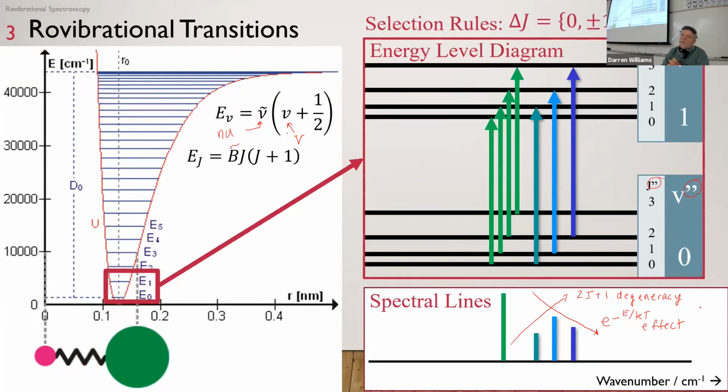Did that answer it? It's more than you asked, Philip, but yeah. Degeneracy and the temperature effect: the Boltzmann distribution contains both of them. In this case, it's really governing the intensities. And the position on the x-axis is governed by the length of the arrows in the energy level diagram.